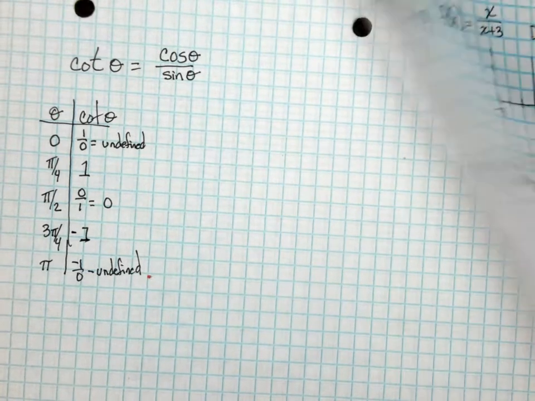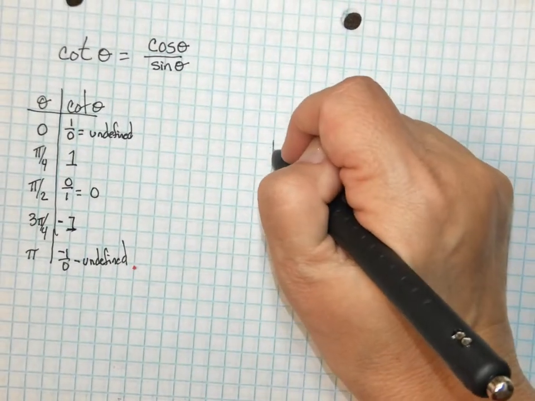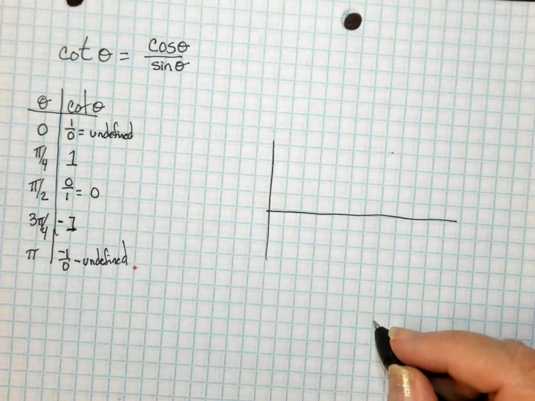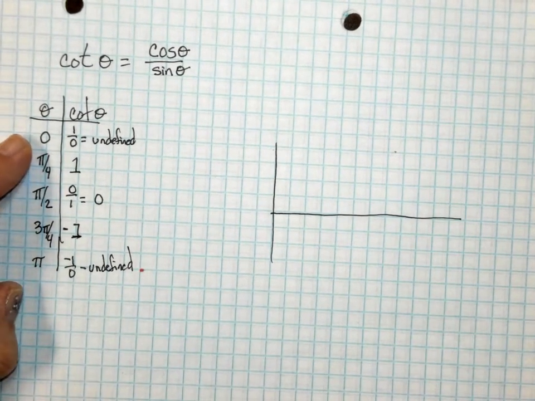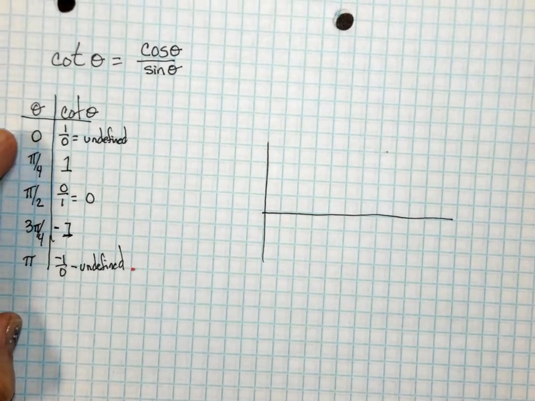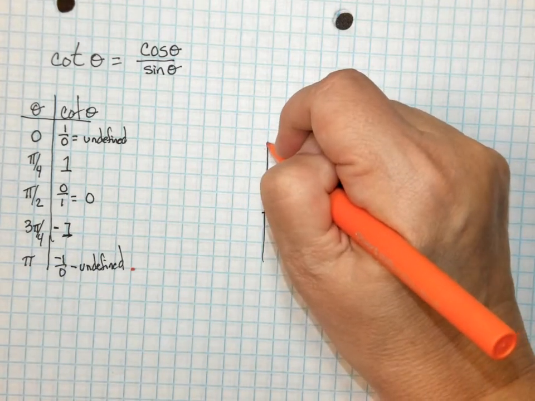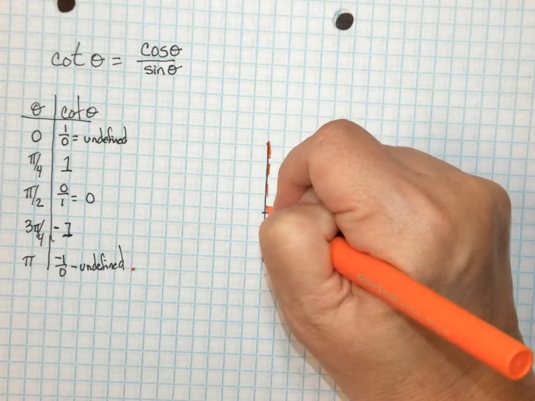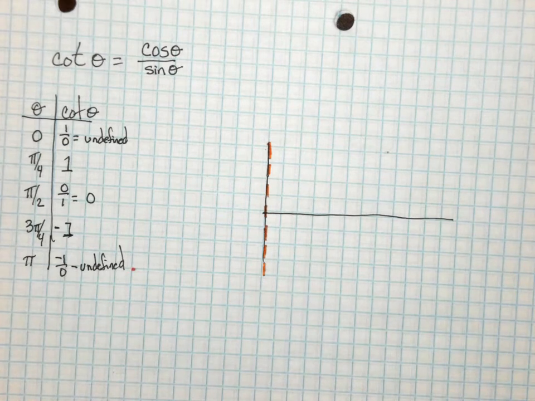Alright, so let's go make our graph. This time I have an asymptote at 0. When you go to draw an asymptote on the y-axis, I suggest you use a different color maybe, and make sure that you make it next to that y-axis, because if you just draw it right on top, you won't really be able to see it.